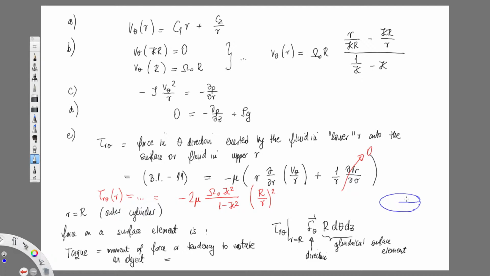So if you have what's called an arm, R, and you have force F, then the torque is R cross product F. Do you remember this from physics somewhere?